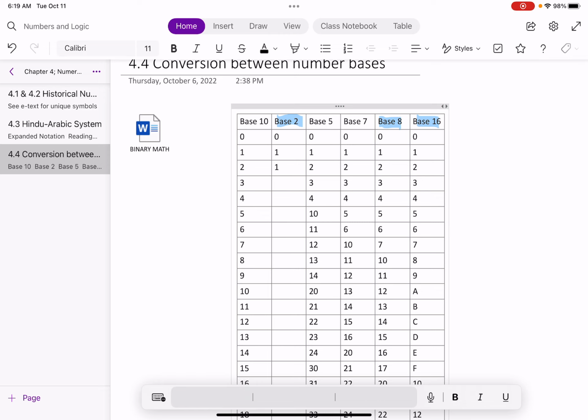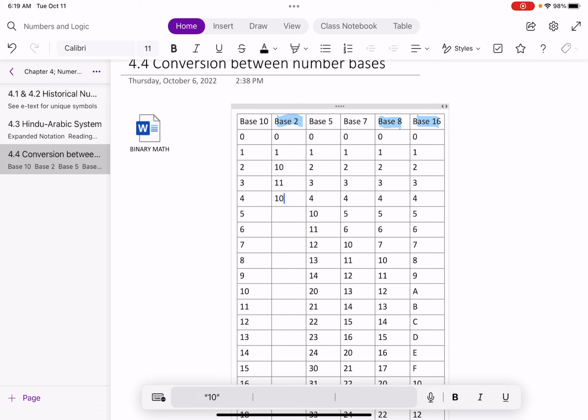Again, it repeats, so it becomes 1, 0, 1, 1, and then, remember, there is no 2, so this is where it gets tricky. I now have to put in a 1, 0.